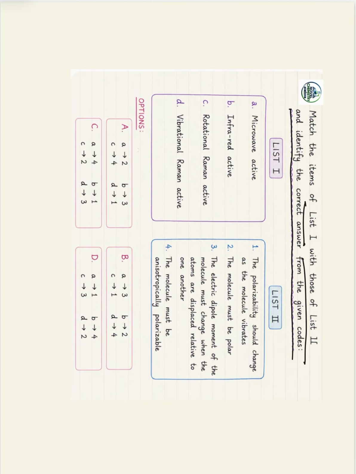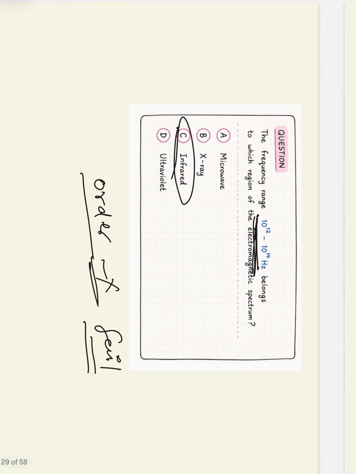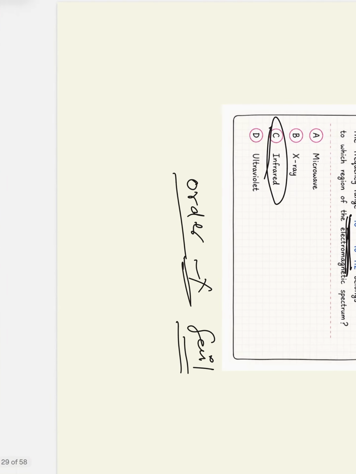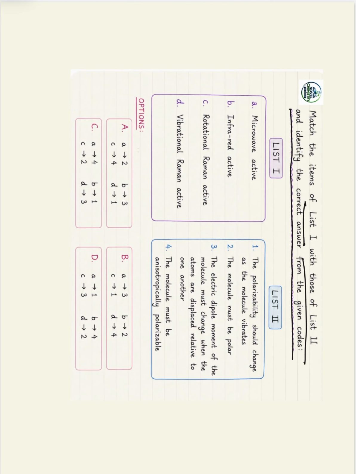That is related to IR active molecules. So the IR active molecules change in the dipole moment during the vibration. For rotational spectroscopy, the permanent dipole moment is required. So both conditions we have already studied.